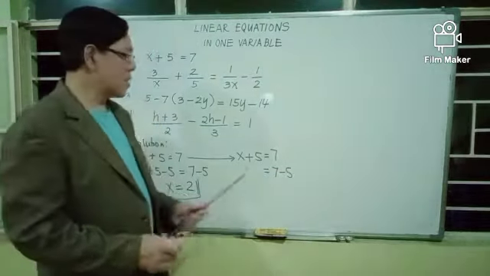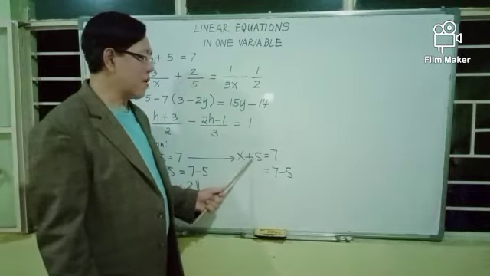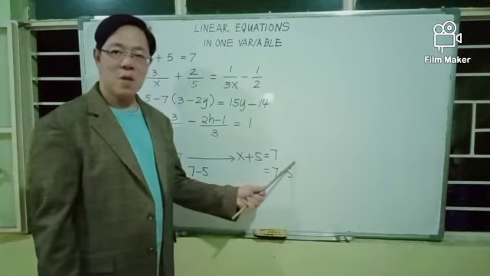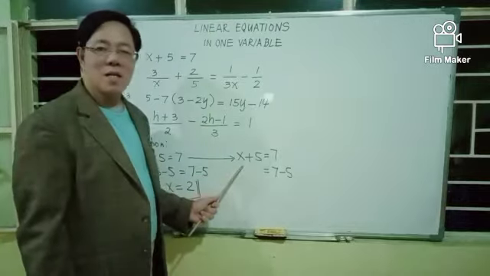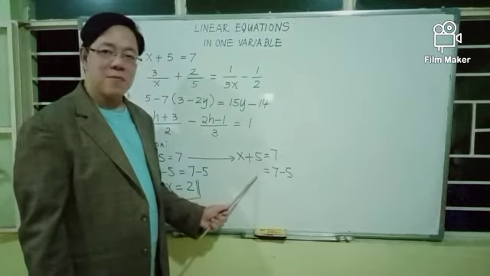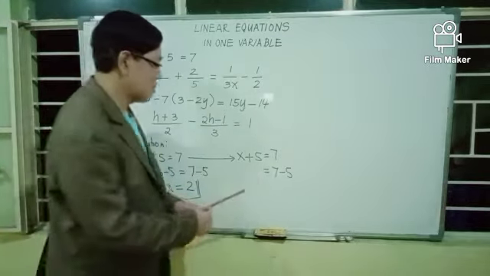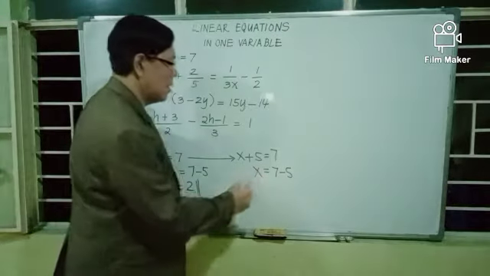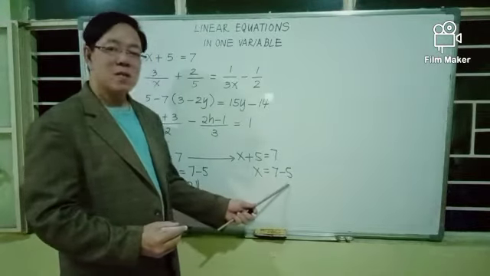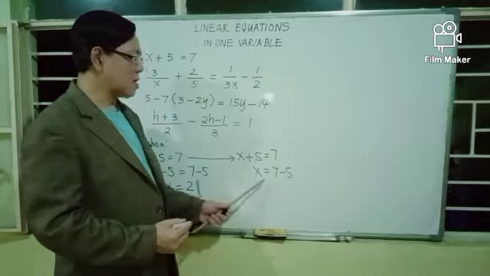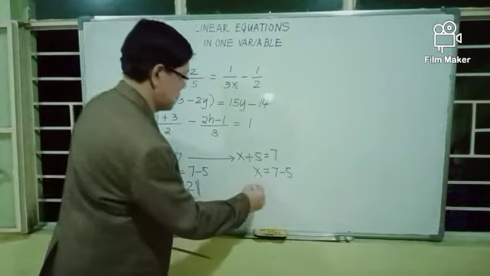And because we have transposed the constant positive 5 to the right-hand side of the equation, only the variable x is left at the left-hand side of the equation. Now simplifying, 7 minus 5 is 2. Hence x equals 2.